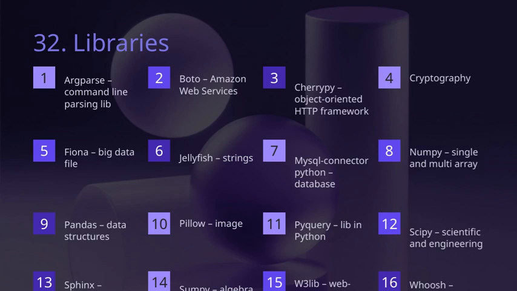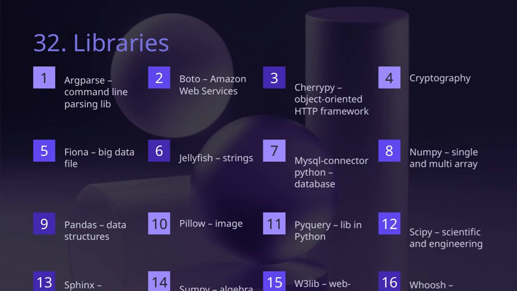Sphinx is our go-to tool for generating documentation, and Pillow is widely used for image processing. Jellyfish helps with string comparisons and phonetic algorithms, which can be useful in data cleaning tasks. Pandas is indispensable for data manipulation and analysis with its robust data structures. Boto allows seamless interaction with Amazon Web Services, and Fiona provides tools for working with big data files, especially geospatial data.